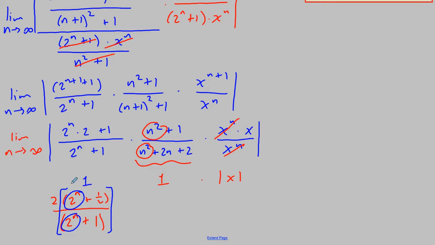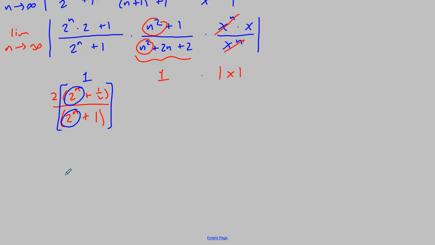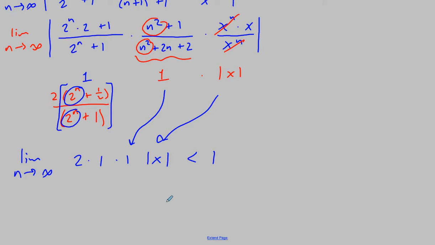But there's a 2 out here as well. So where are we now? We're at the limit as n approaches infinity. This first piece turns into 2 times 1 times this 1 here times this absolute value of x. And this is supposed to be less than 1. So that gets me an absolute value of x less than 1/2.